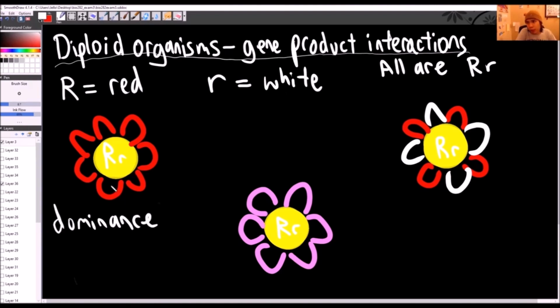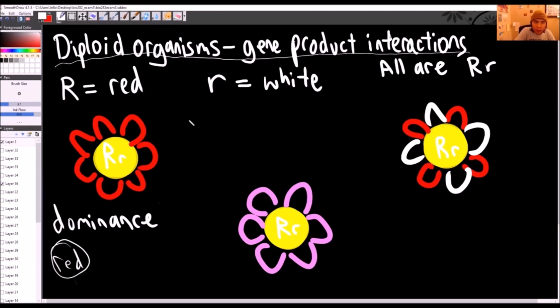What could be a biological explanation for this? To review, with diploid organisms, both alleles can be expressed. They can be transcribed, and then translated by the ribosome, and they both can produce a gene product. Let's say the big R allele produces the red pigment. It's a protein that causes the red coloration.